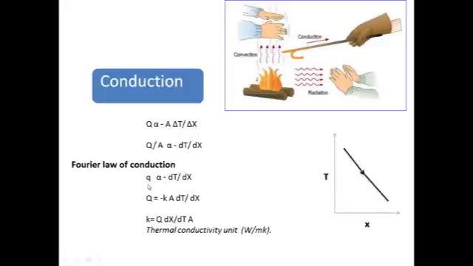So this equation says the heat flux is directly proportional to the negative temperature gradient, or you can say the moment you remove the proportionality, you have to introduce a constant K. Q is equal to minus K A dT by dx.